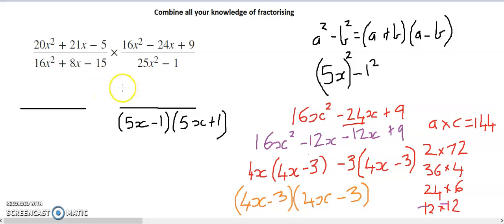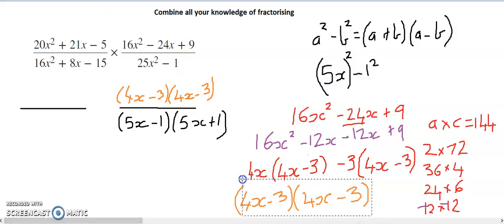So that gives you my second part of my equation done. 4x minus 3 in brackets, 4x minus 3 in brackets. Now, that shows me that we have got 4x minus 3 squared there.